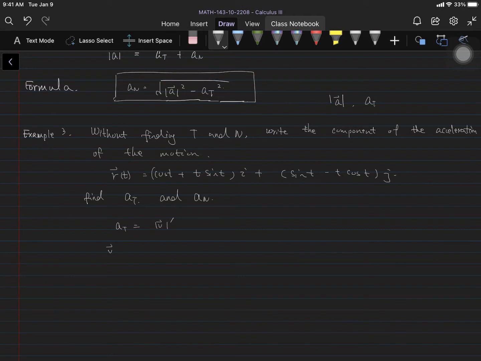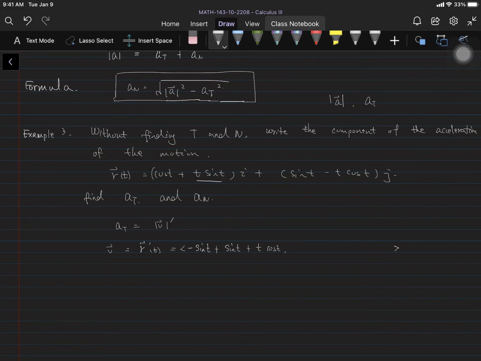So firstly, let's find the v vector, which is the derivative of this r(t). I'm going to write down the component form, I prefer this way. So for cosine t plus t sine t, just take the derivative: negative sine t plus sine t plus t cosine t, product rule for t sine t.